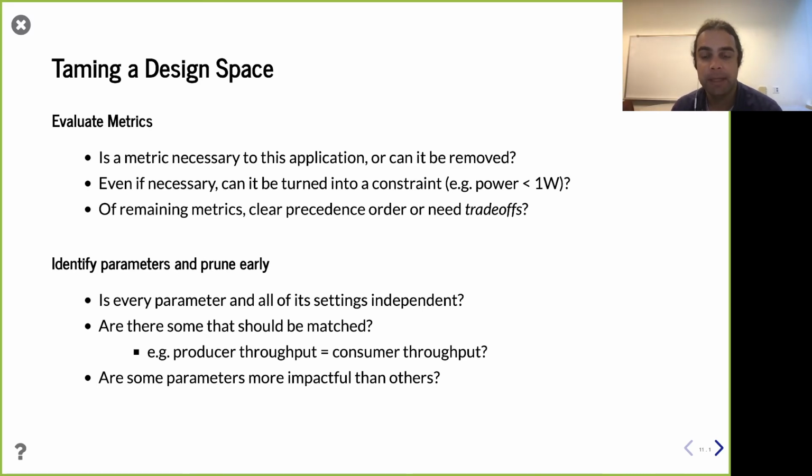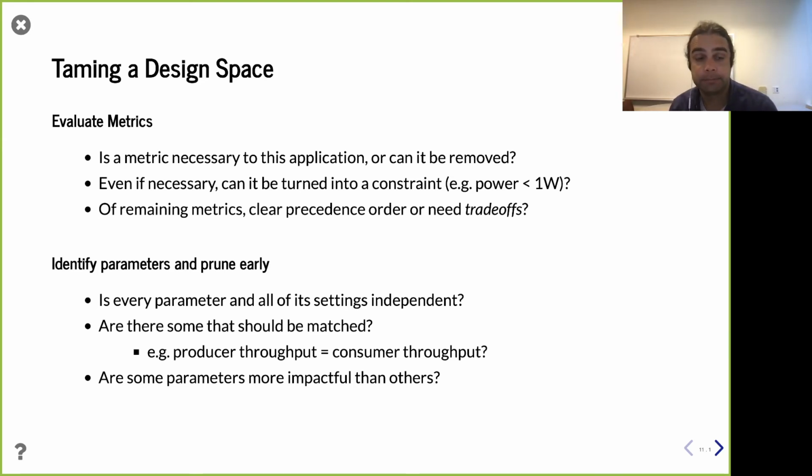So you have a notion of how you want to trade off various metrics. I want to improve metric A at the expense of metric B, for example. Okay, and that's just getting a handle on what the problem is. I know these metrics really matter, these other metrics turn into constraints, and for the ones that do matter, here's my prioritization of what's important.